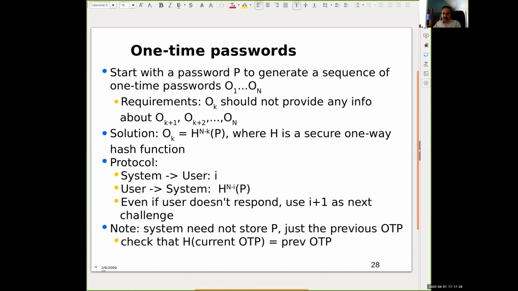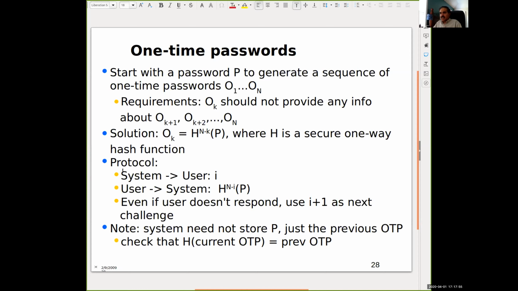So what this means is that the user needs a list of possible passwords. So they'll have a list of passwords, and each time they will use the next password from this list, right? So the protocol goes like this, right?